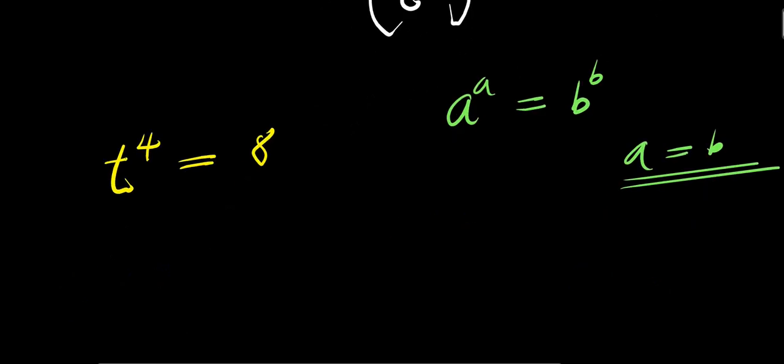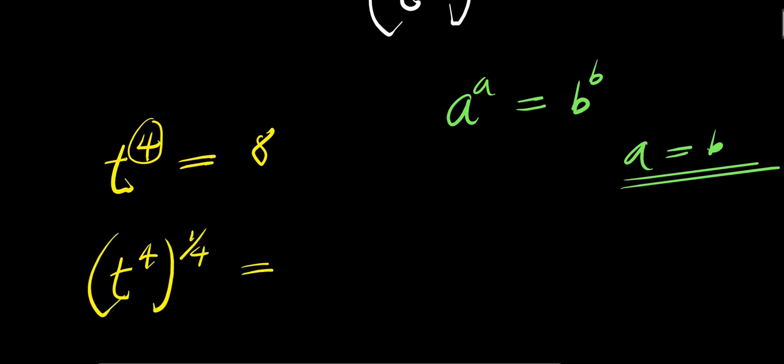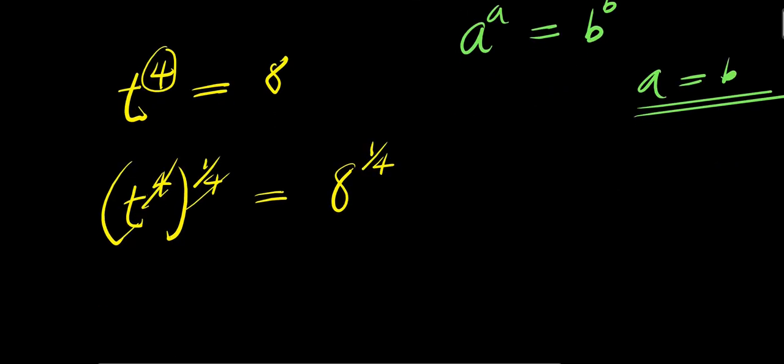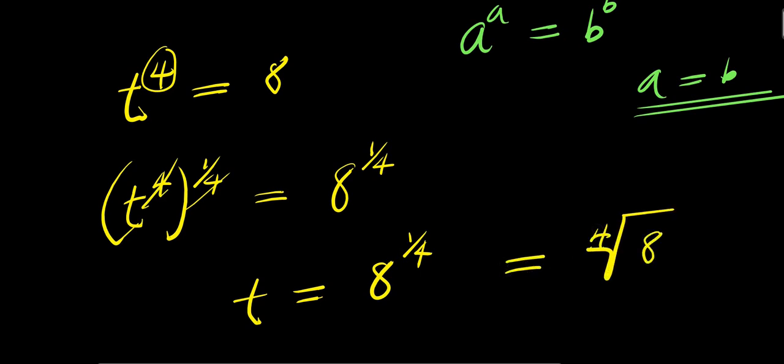And solving for t, I need to eliminate this. I can have t power 4 raised to the power of 1 over 4 equals 8 power 1 over 4. So this cancels this. I'll have t equals 8 power 1 over 4. And this is just like writing the fourth root of 8 using the same identity earlier on.